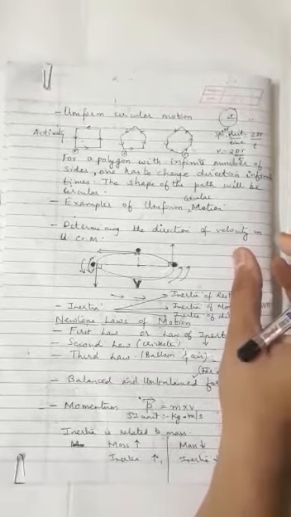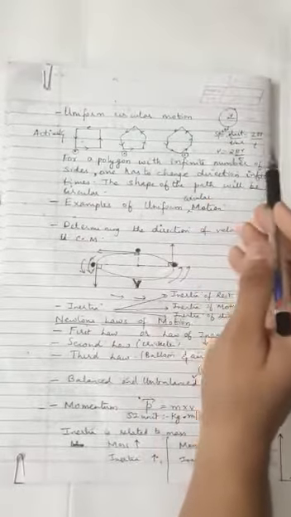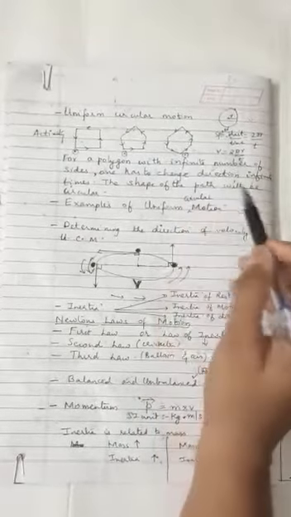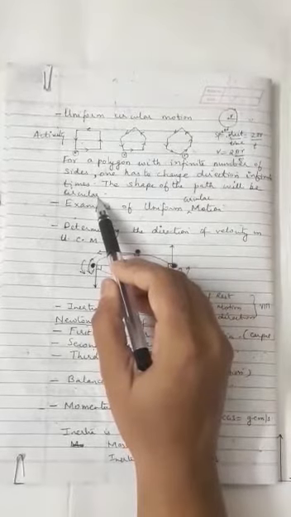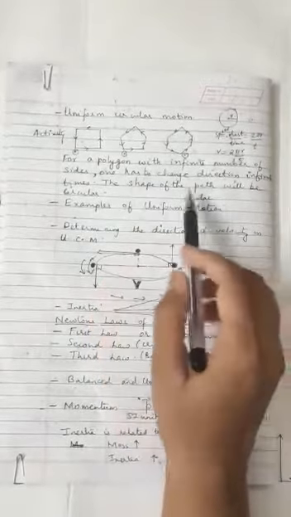See children, we started with a closed figure, which is a polygon, and as we go on increasing the vertices: 4 sides, 4 vertices, 5 sides, 5 vertices, 6 sides and 6 vertices. As we go on increasing the vertices and the sides of the polygon, the shape that we get towards the end is going to be a circular shape. I hope this activity is clear to you.